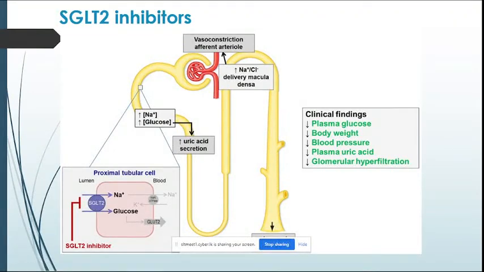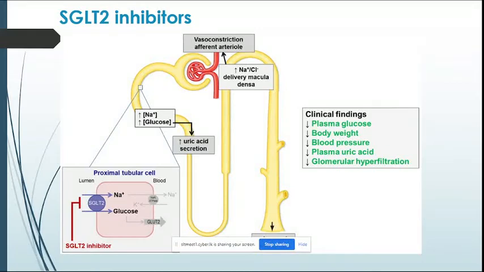Another important oral hypoglycemic class is SGLT2 inhibitors. Metformin and SGLT2 inhibitors are the drugs of choice, according to the latest guidelines, when a patient has diabetic kidney disease. If your patient has diabetes and albuminuria, so when we label it as CKD or diabetic kidney disease, they should be on metformin and SGLT2 inhibitors, because in addition to glycemic control, SGLT2 inhibitors give renal protection.